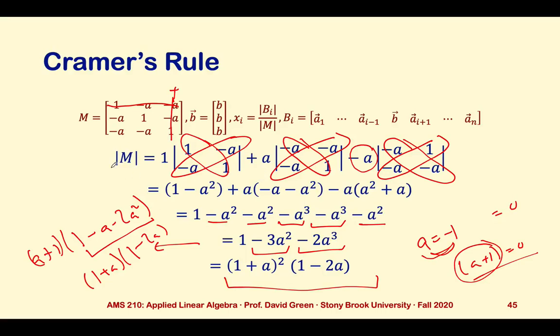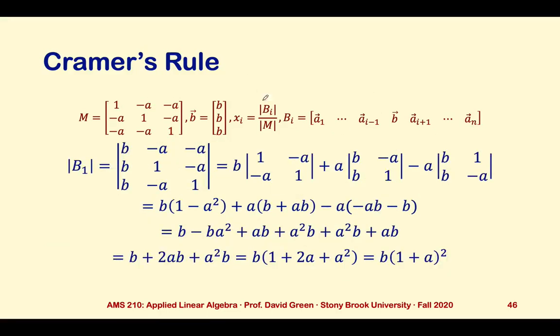We now go through and apply exactly the same process to our 3 b determinants. B1 is found by replacing the first column with b's. That gives us our matrix here.